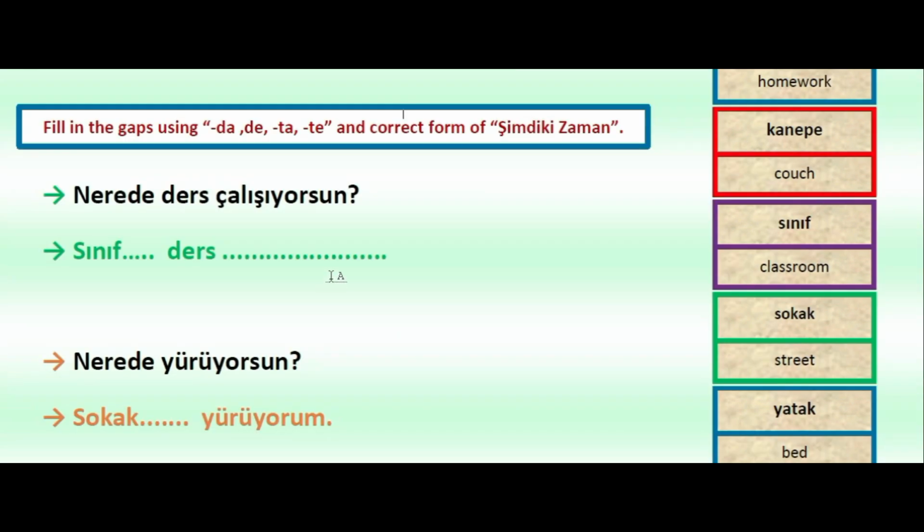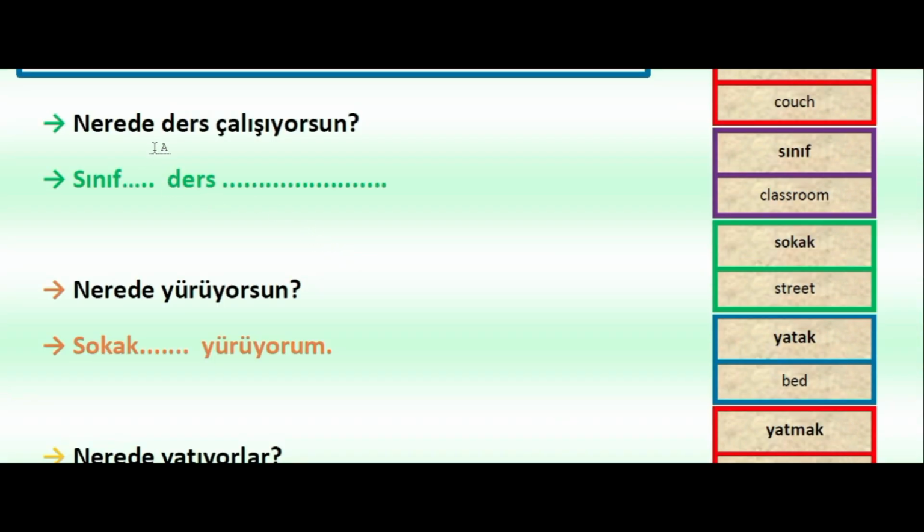Okay, let's do this exercise also. "Nerede ders çalışıyorsun?" Ders çalışmak was to study lesson. So where are you studying lesson? Where do you study lesson? And here we need to add sınıf, classroom. This is asking where are you? So I'm asking you, sen. So I need to answer with ben, I. So sınıf, how can we add the locative suffix?